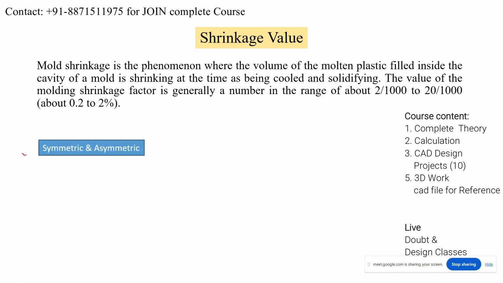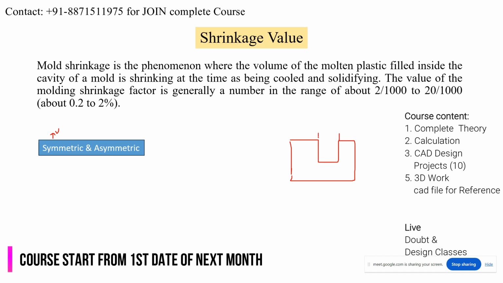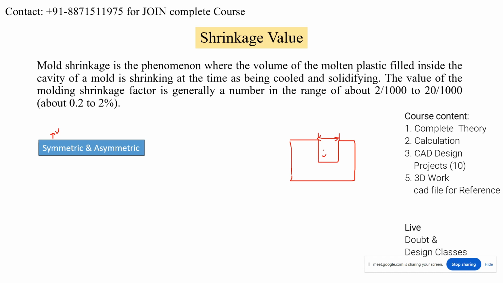One is symmetric, and the second one is asymmetric. What is the meaning of symmetric and asymmetric value? Symmetric means uniform in all directions, right? For example, if we have a component like this, and in this component only this dimension is critical.